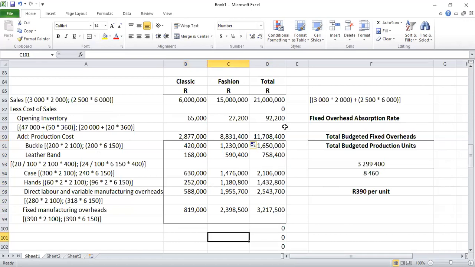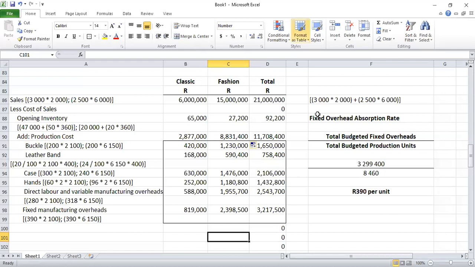You said we absorb using the budgeted, but in this scenario, we were given the actual. So if the actual is provided, we don't always use the budgeted? That's what I've said, even if the actual is provided. Remember that you are reporting at the end of the period, but these things happened during the year.